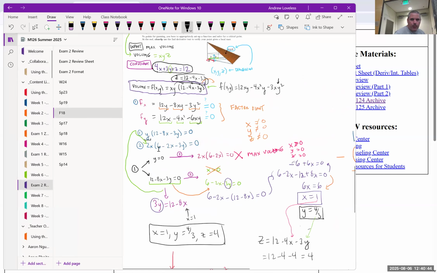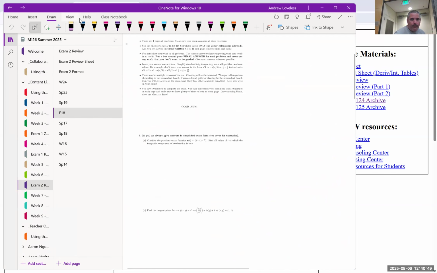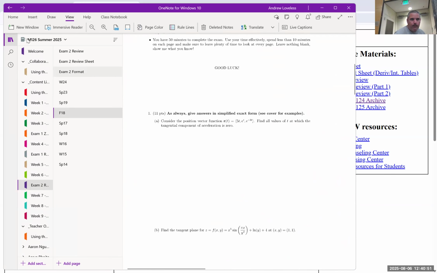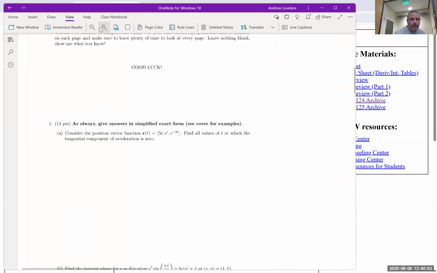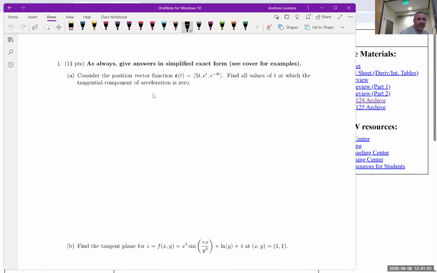The other types of questions I've sometimes asked, let's see if I can find. Find the position vector function, find all values of t at which the tangential component of acceleration is 0. So this is a little more interesting and a little more straightforward than the last one in terms of derivatives.